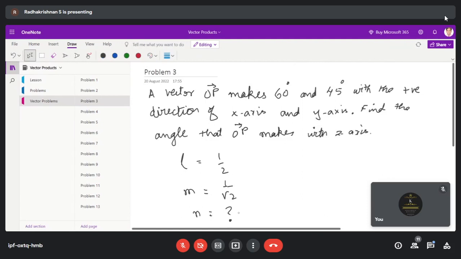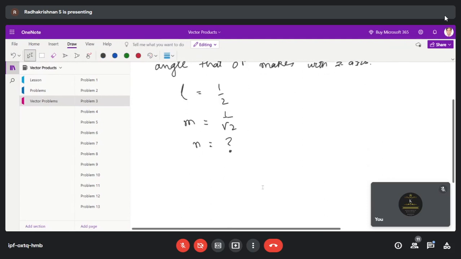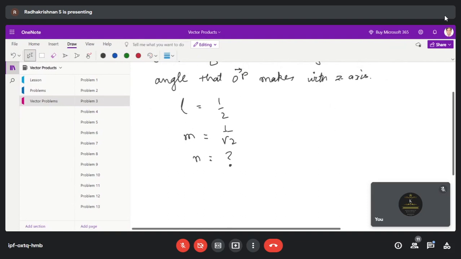That is the question. What is the property of L, M and N? L plus M plus N is equal to 1. You almost got it, but L square plus M square plus N square equals 1.